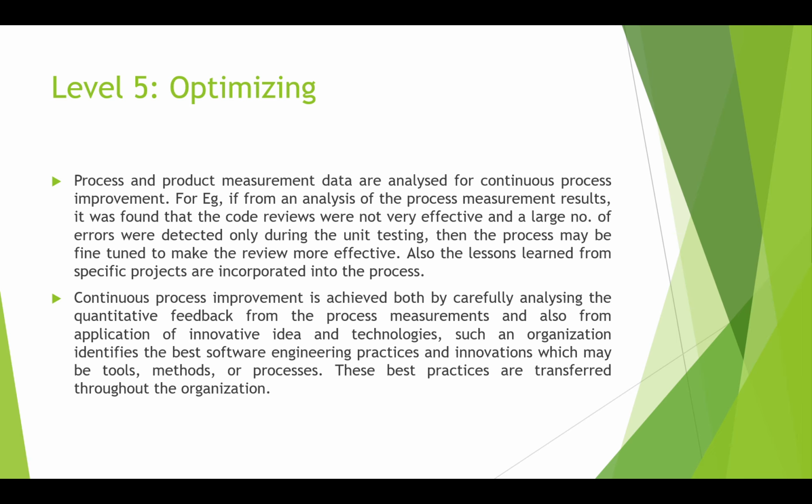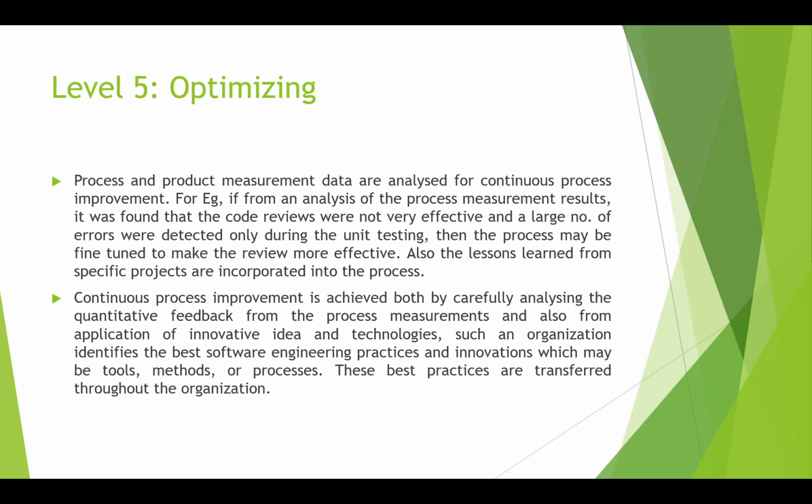Last but not the least, level 5, which is optimizing. Finally, at level 5, the focus shifts from measurement to continuous improvement. Here organizations analyze data and lessons learned from past projects to refine their processes further.